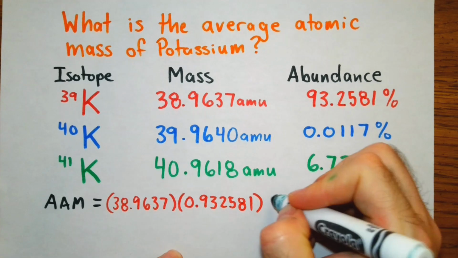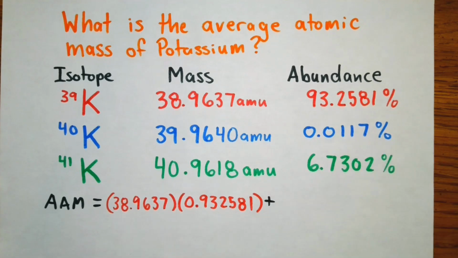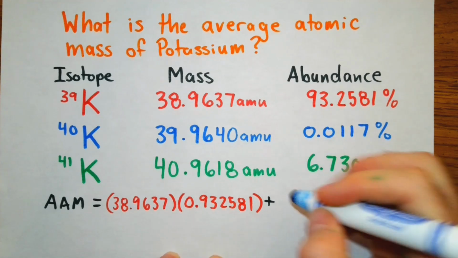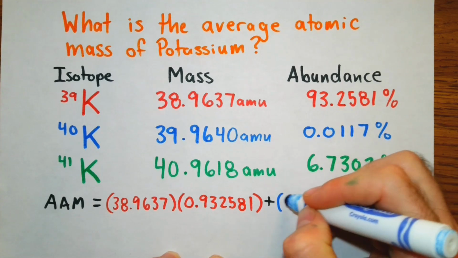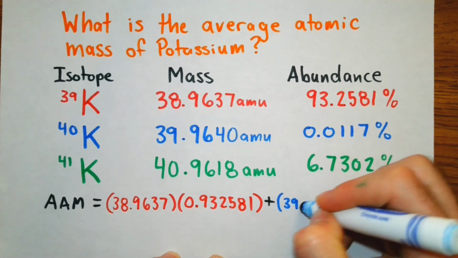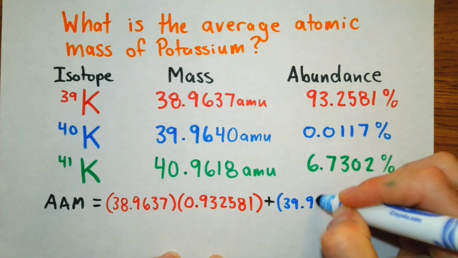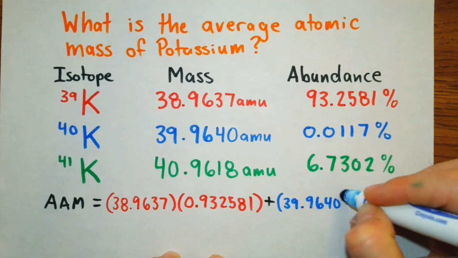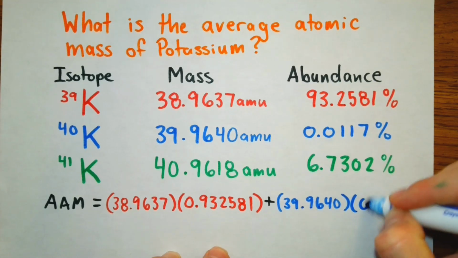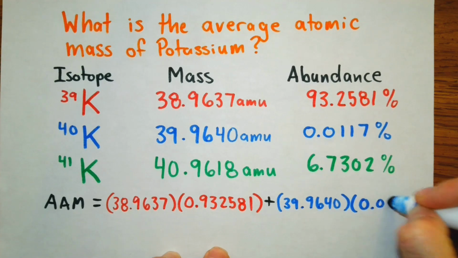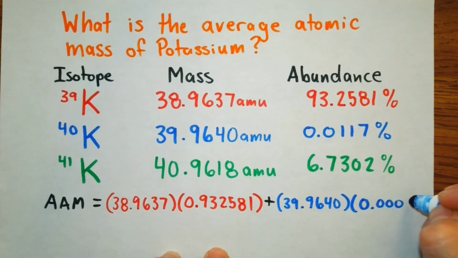Then we're going to add potassium-40's product of mass times abundance, 39.9640 times 0.000117.